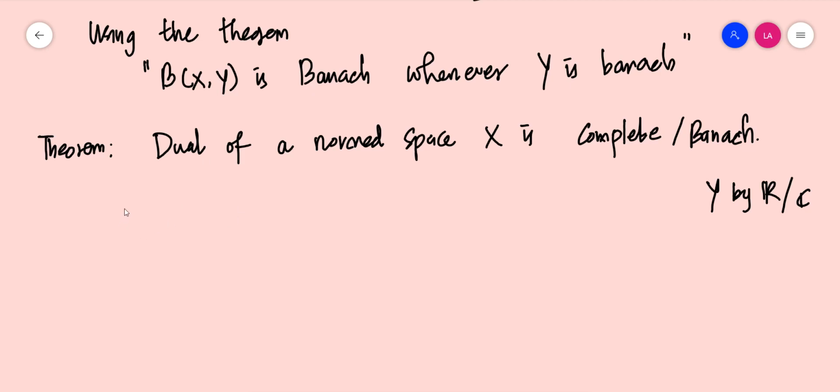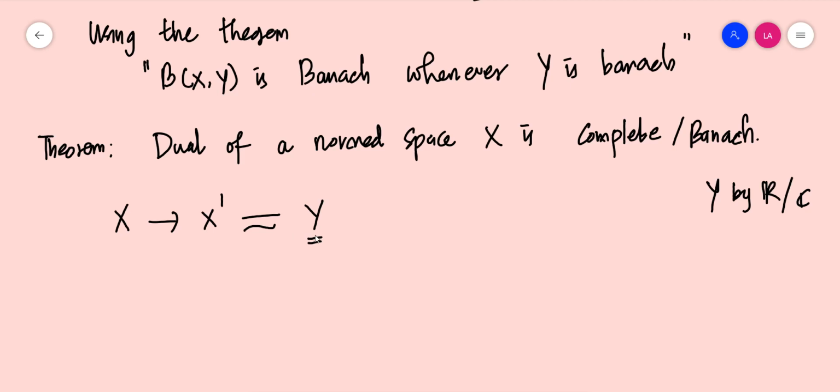So, if we are given a particular X, our objective is to understand X dash. What we are going to do is define an isomorphism from X dash to some Y which we already know. If we are able to define an isomorphism from X dash to Y, it means that X dash is similar to Y. Structurally, X dash and Y are quite the same.